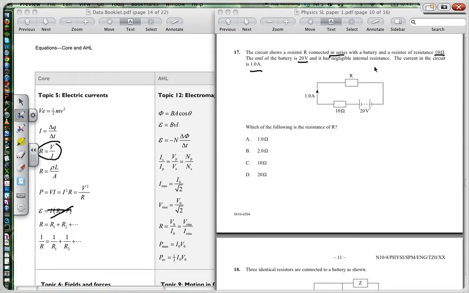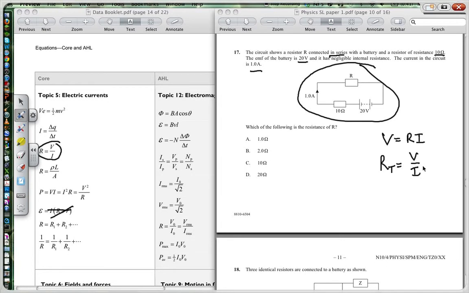Now for the whole circuit, we can apply Ohm's law, that V is equal to R times I. We could find the total resistance is equal to V over I, and we have here that it's 20 volts and your current is 1, so we've got a total resistance of 20 ohms.